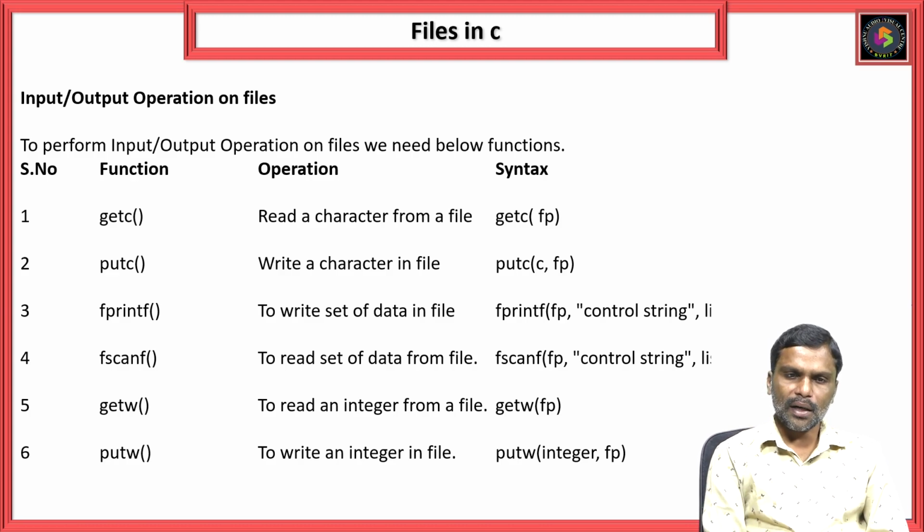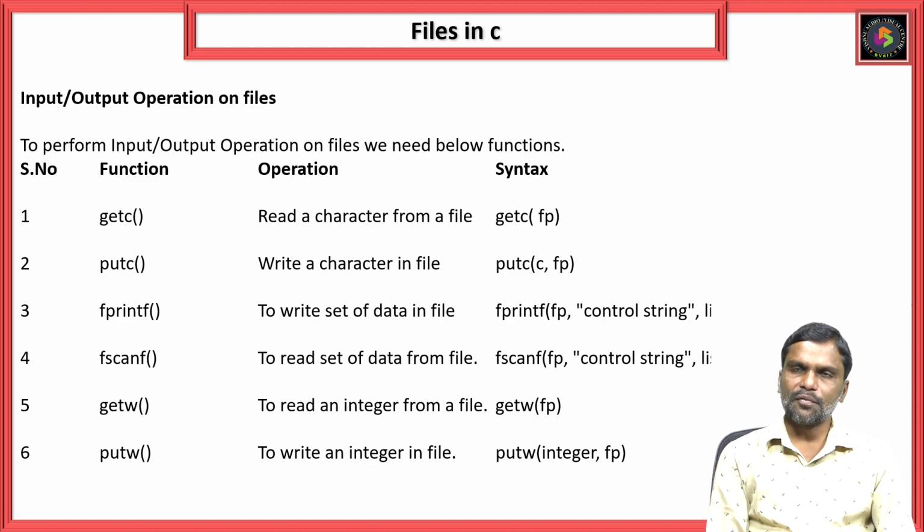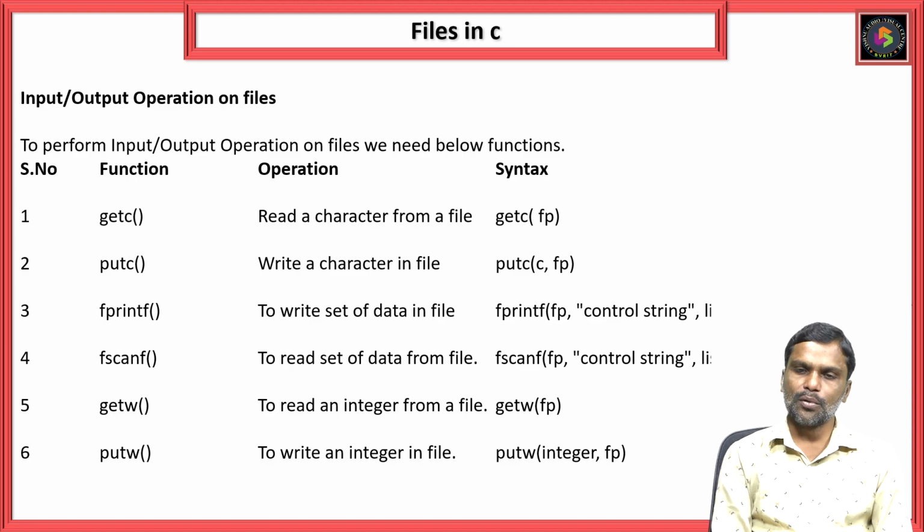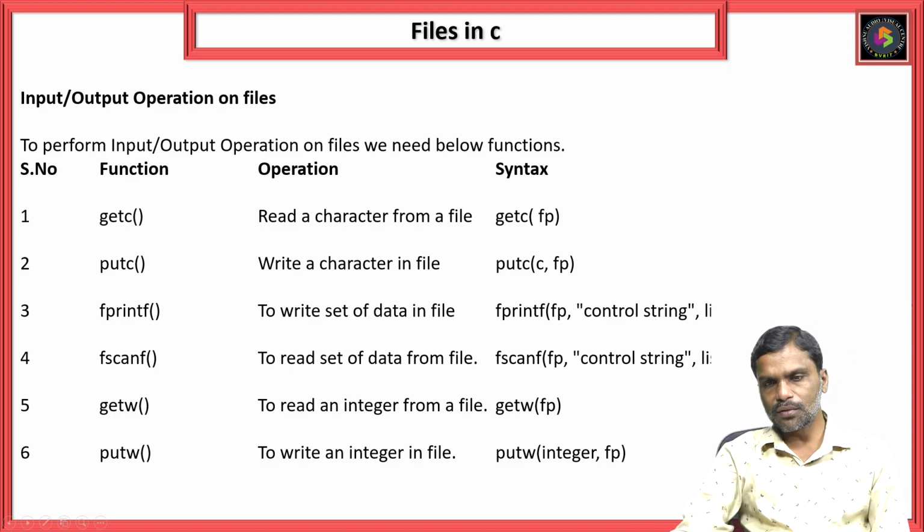In the place of fscanf, to read data from the file, we use getc and getw. We have seen the syntax differences among these 3. Similarly, in the place of fprintf we use putc and putw, and we have seen the differences between them.